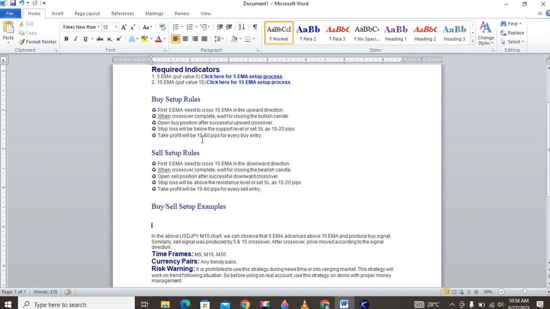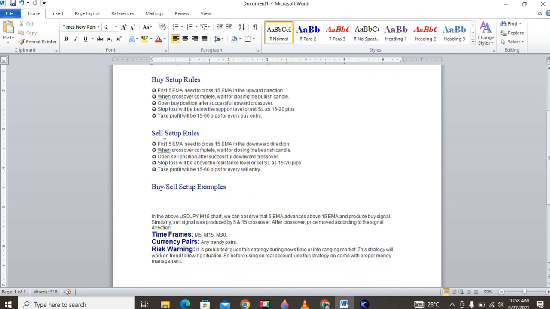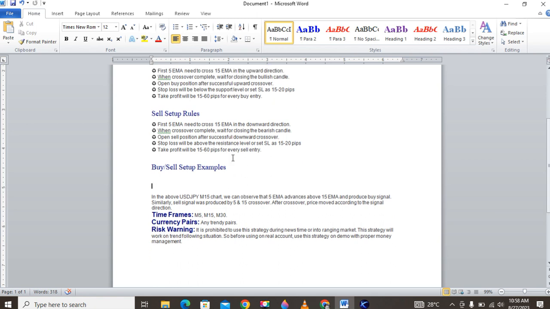The other way around, if you want to sell, you want the 5 EMA to cross below the 15 EMA, pointing in a downward direction. Then you sell. So these are what we are going to be inputting into our Forex robots. These are the formulas or the conditions we're going to give our Forex robot in order for it to execute a trade while we are not there.